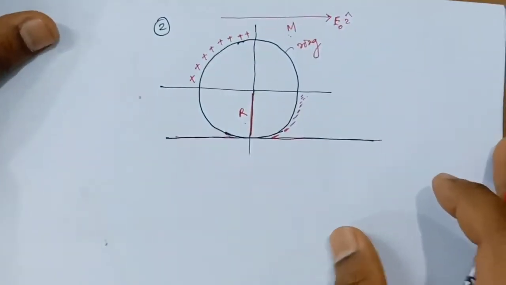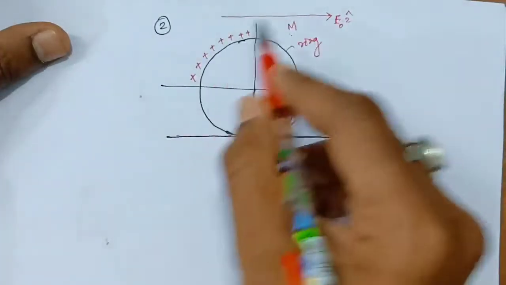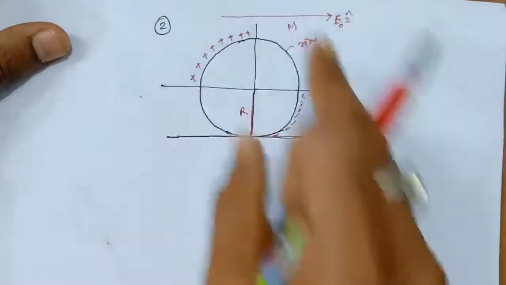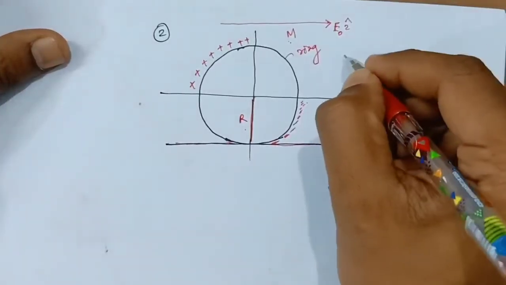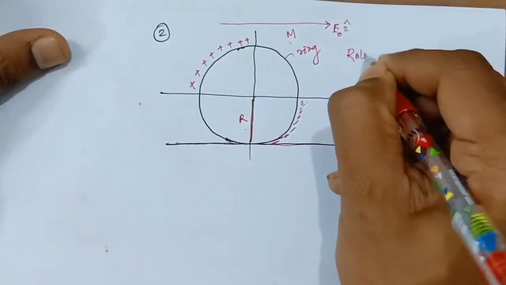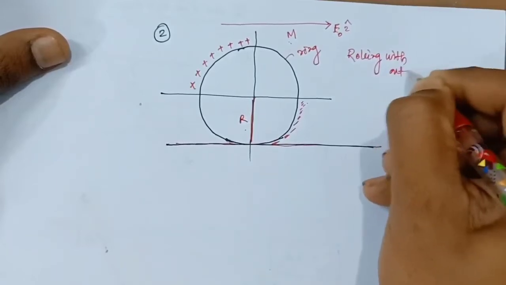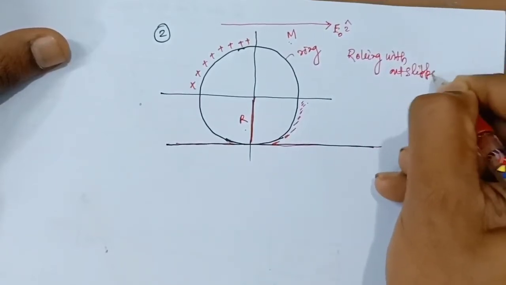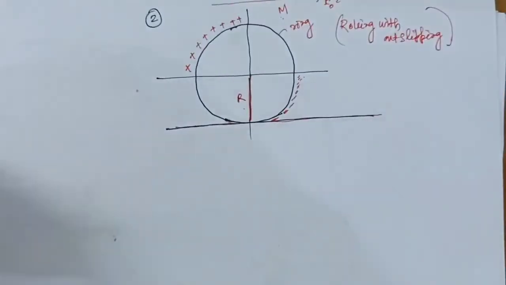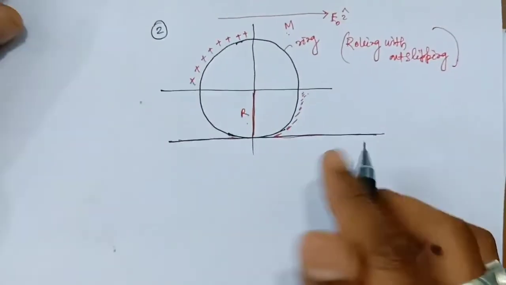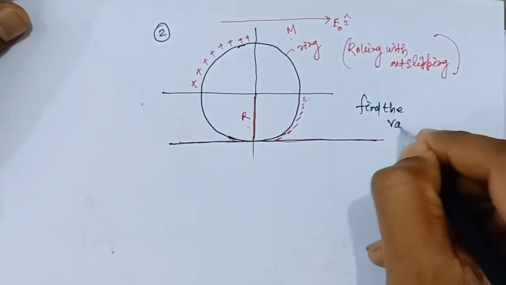When the electric field is supplied, the ring starts rolling without sliding, that is, rolling without slipping. Now the question asks: find the value of friction.